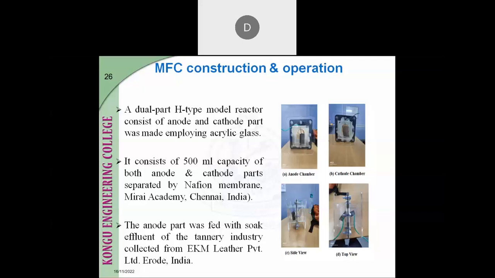These are some of the microorganisms people normally use. And if you take the research, the electrochemically active bacteria itself is a very big research area.